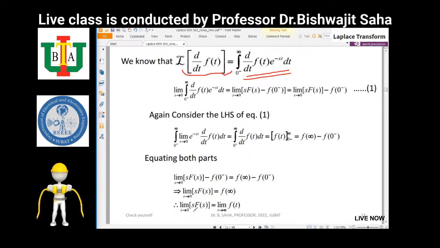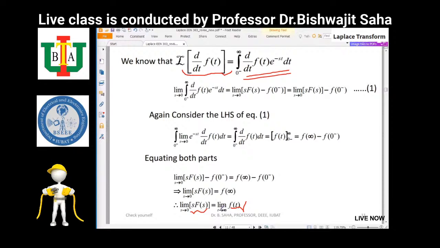So the Laplace domain function multiplied with s equals to the function in time domain, that will be equal to s F of s. In this case, limit is s tends to 0. That means s and t are correlated things. So in some cases, we apply this kind of final value theorem.